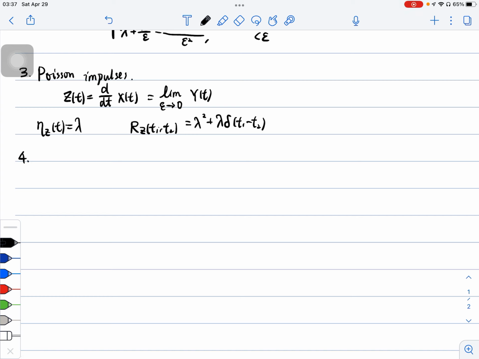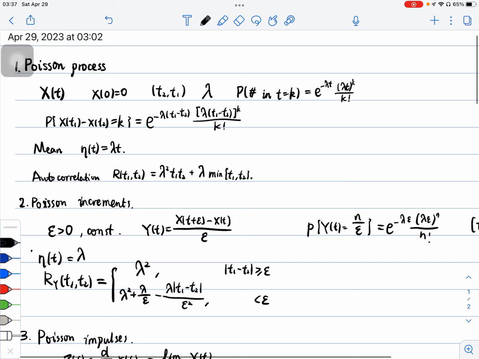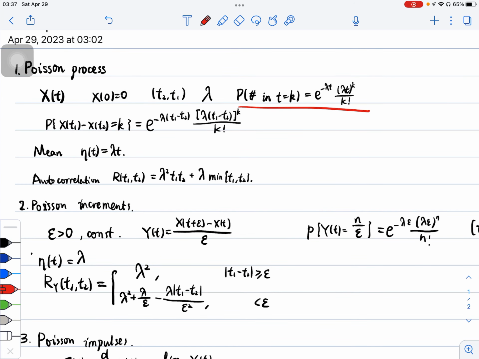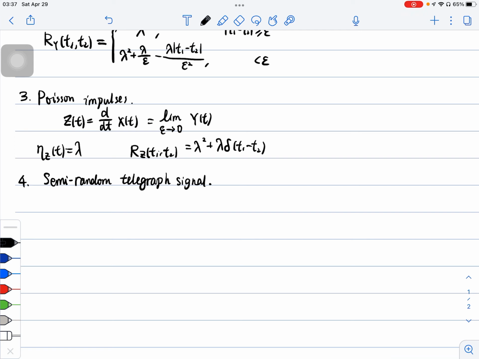Fourth, semi-random telegraph signal. With Xt a Poisson process, and pk here, we define X0 equals 1, and the stochastic process is defined as Xt equals 1 or minus 1 for k even or odd in the time interval 0 to t.